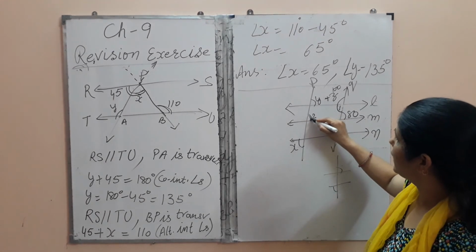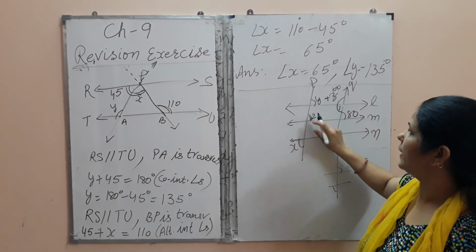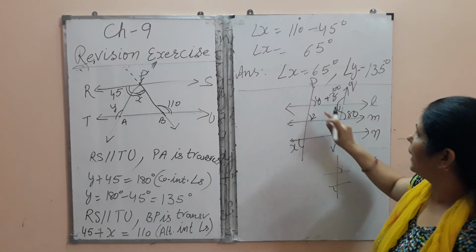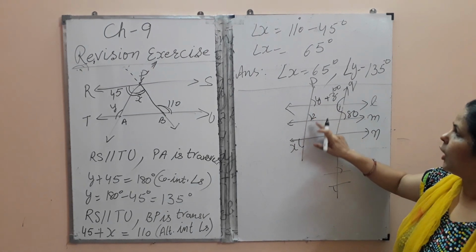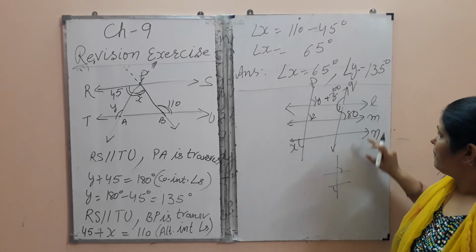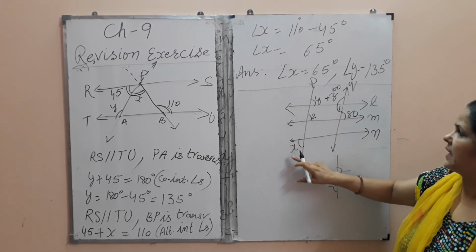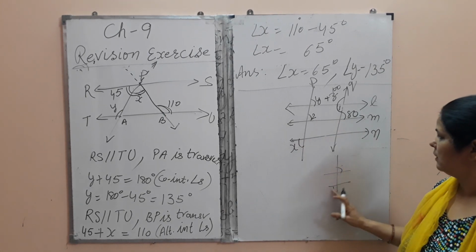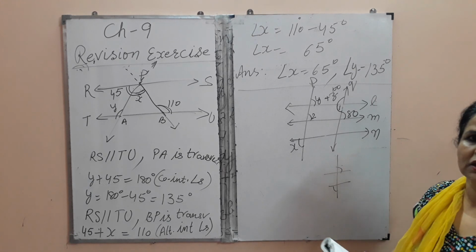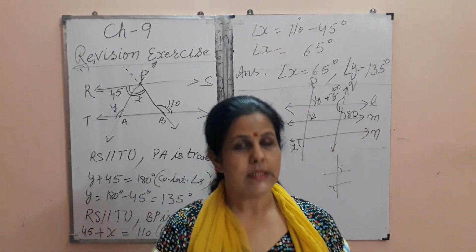First we will find out this by taking these two lines parallel and this transversal. We will find angle 2 by equating them as corresponding angles. Now by taking M parallel to N and P as the transversal, we will find angle X. X and 2 are equal, alternate exterior angles. So like this we will solve all these questions. Same way you will solve question number 2 also.